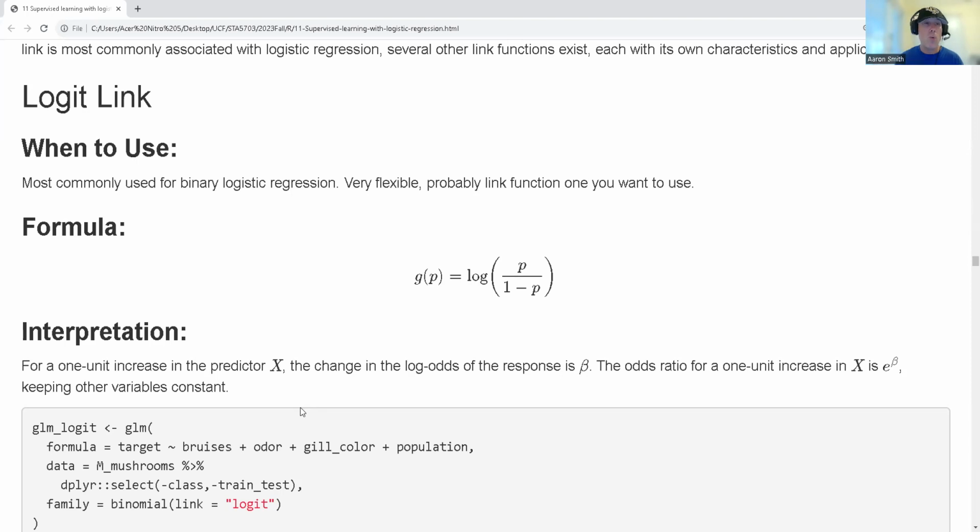And so if you don't know, go logit. It's the default setting, just run it. And so our interpretation of the logit link is that the coefficient is how much my log odds would increase if I increase the corresponding predictor variable by 1.